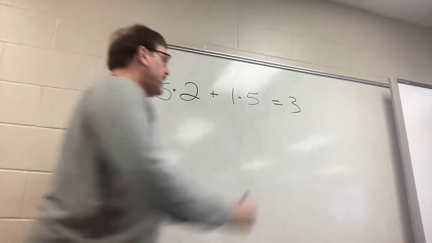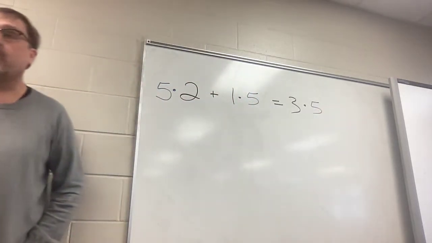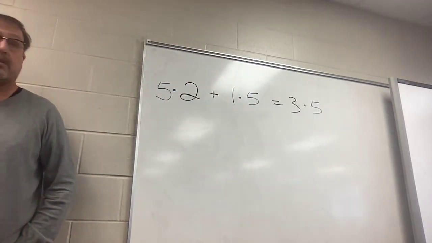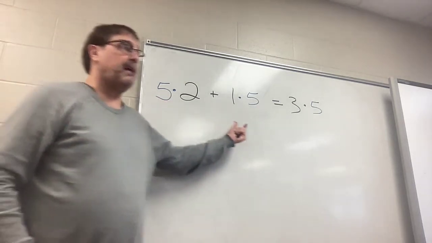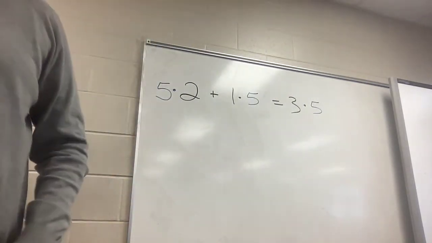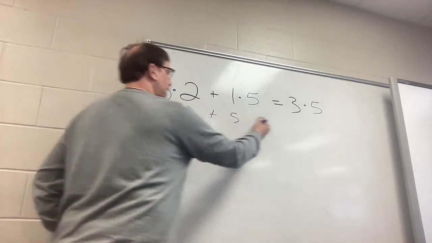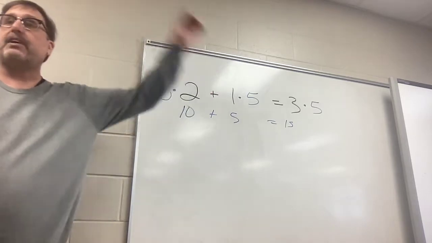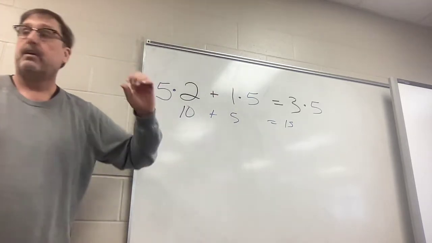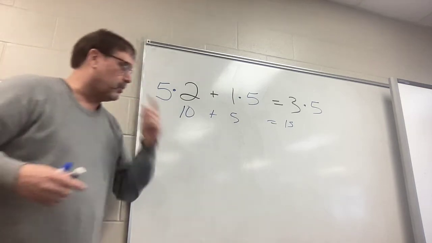Sure, the numbers are bigger, but is the equal still true? 5 times 2 is 10, plus 5, it is 15. So if I do the same thing to every single part of an equation, it stays equal. They might be bigger or smaller, but they're still equal.